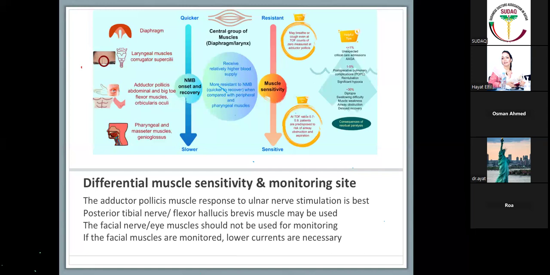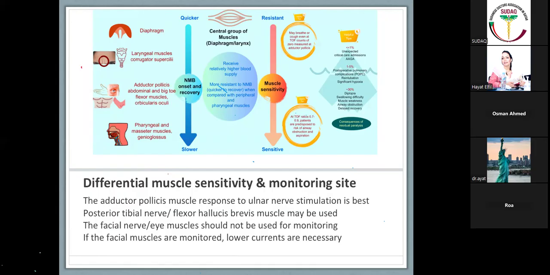On the other side, the rich blood supply ensures rapid washout. So they go into muscle relaxation much quicker and they recover much quicker. But sensitive muscles like ocular and pharyngeal are slowest to recover. Okay, so they take time to recover.